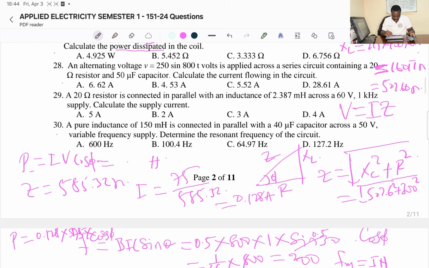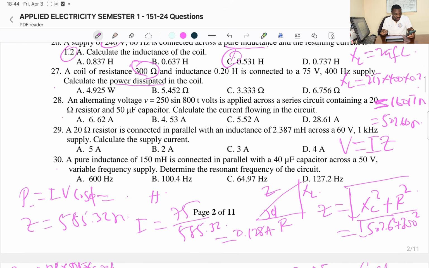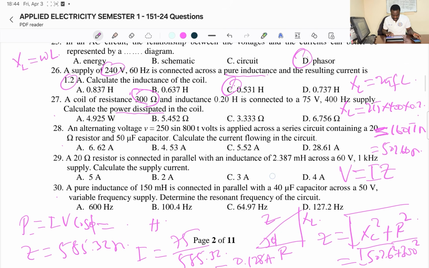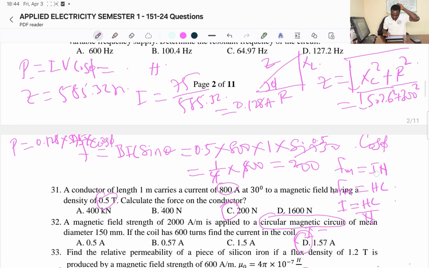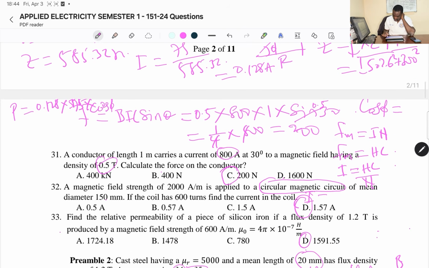So we have to get the cosine of the phase angle.